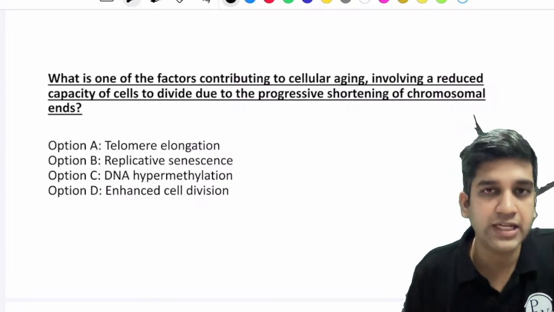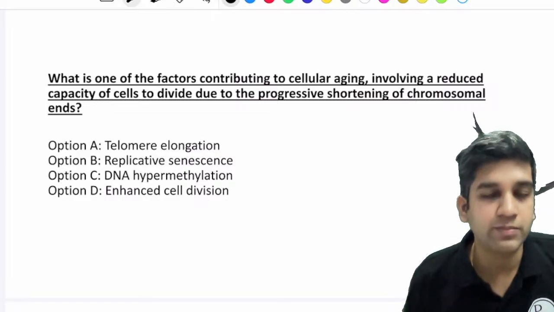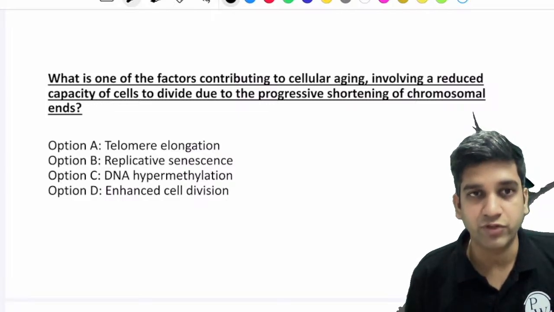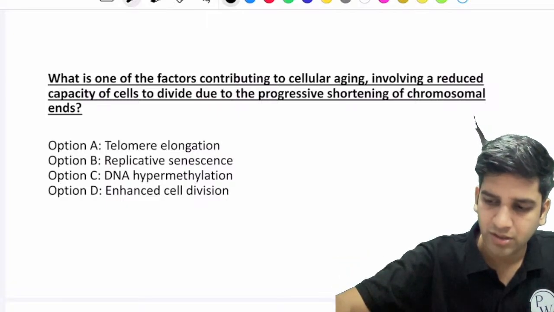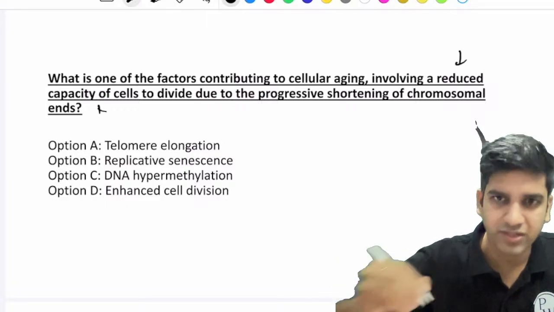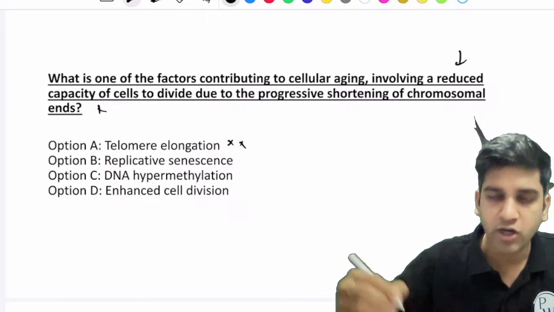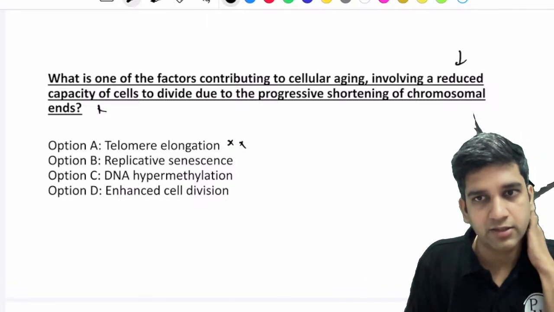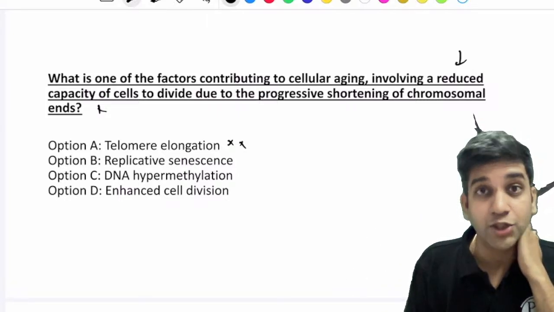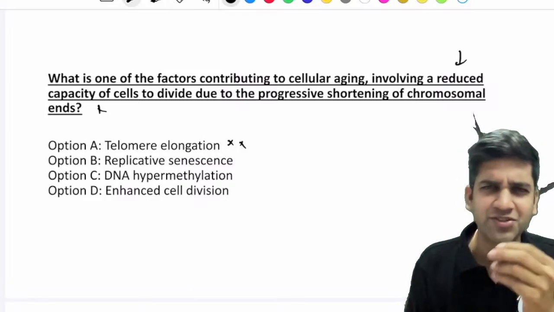Harsh and Nayak, next time when you do an MCQ, please read the questions carefully. This is a silly mistake you can easily avoid. The question is based on reduced capacity of cells to divide. Is it telomere elongation or telomere shortening? It is telomere shortening. I am 100% sure you know that.